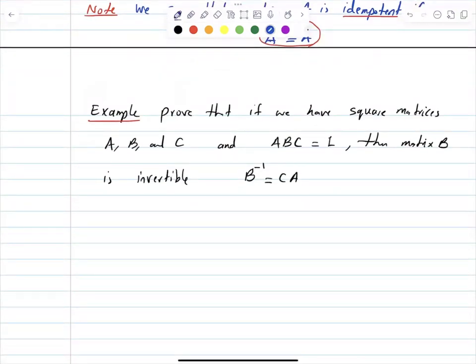Let's take a look at the short proof. Since the product of ABC is equal to the identity matrix, we multiply both sides by the inverse of A, assuming that A is invertible.